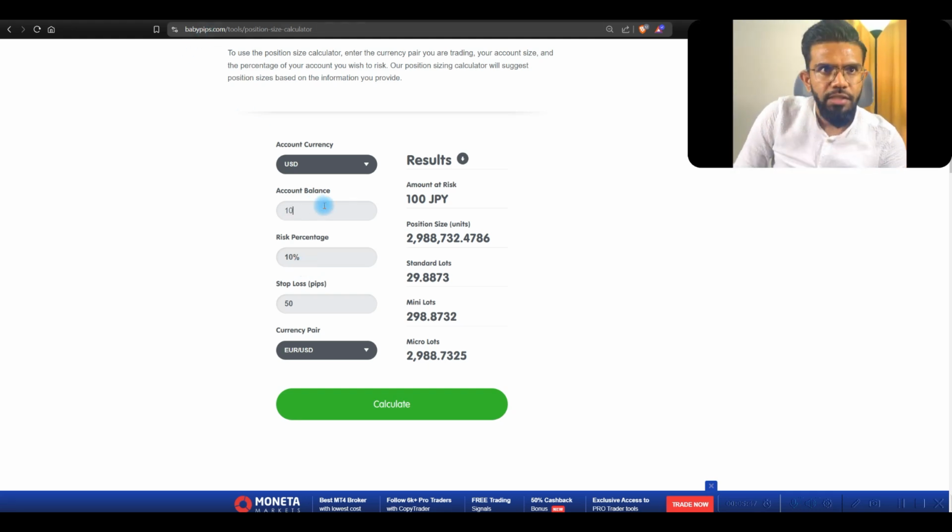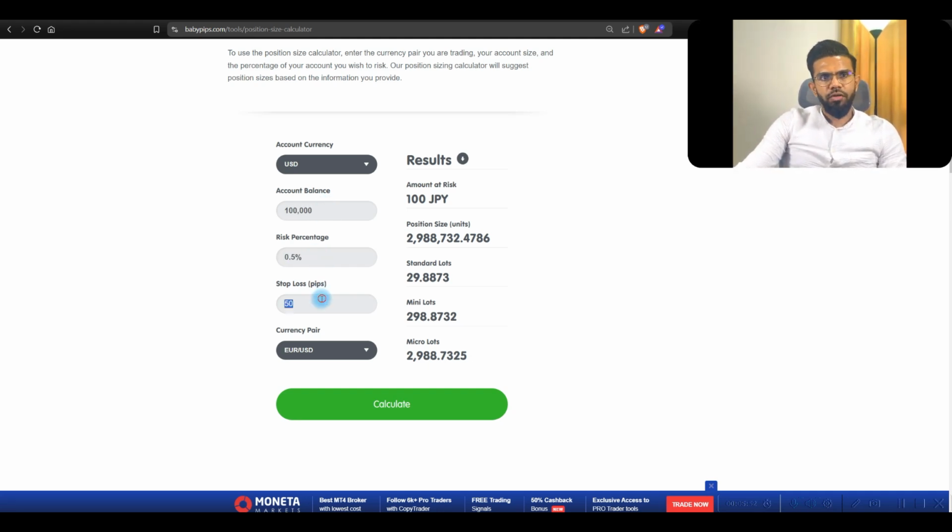So let's say the account size is 100,000. Then you look for a risk of 0.5, and let's say the stop loss is only 12 pips. You see, this is the lot size you're going to use. Let's say it's 10 pips, it's going to be 5 lots. If you're risking 1%, it's going to be 10 lots. So this is how it's going to be for your funded account.